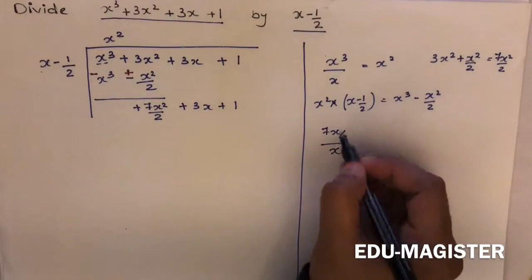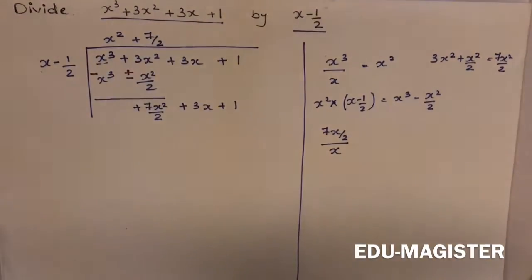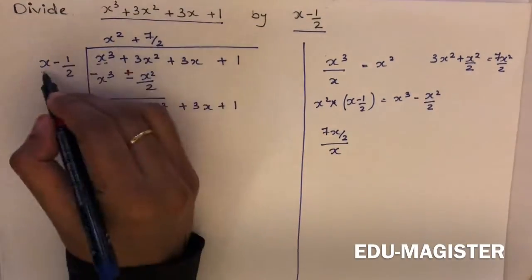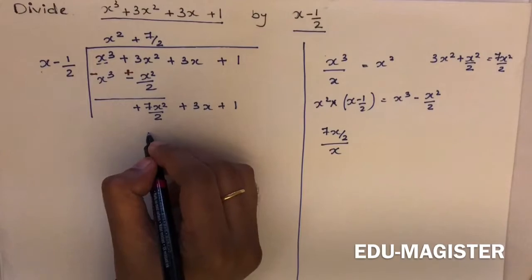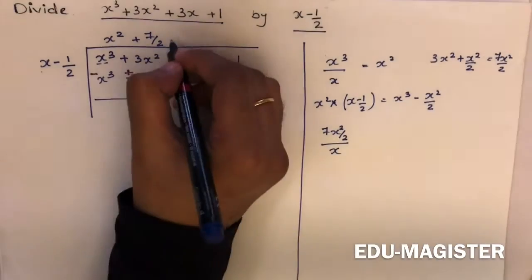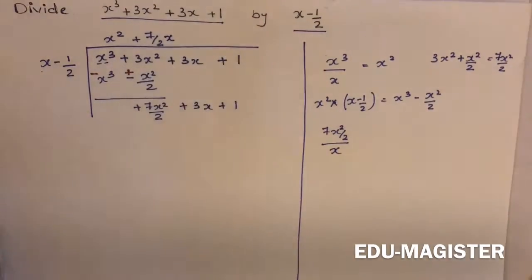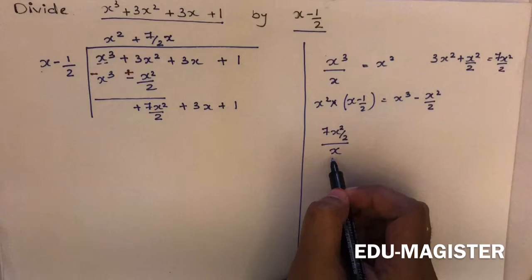So here when I cancel, I will get 7 by 2 x. Now multiply it back with the divisor. It is 7x square by 2 divided by x, right?